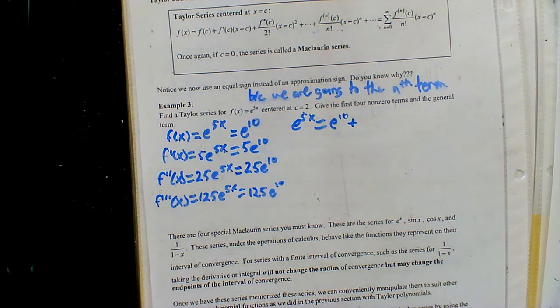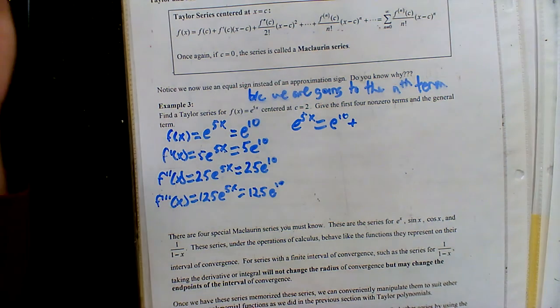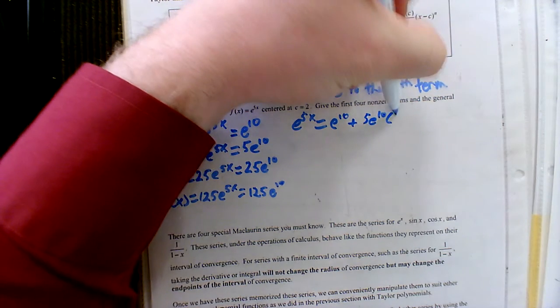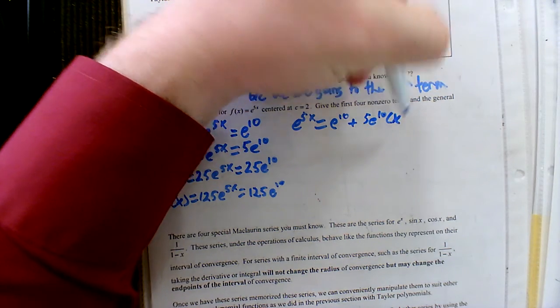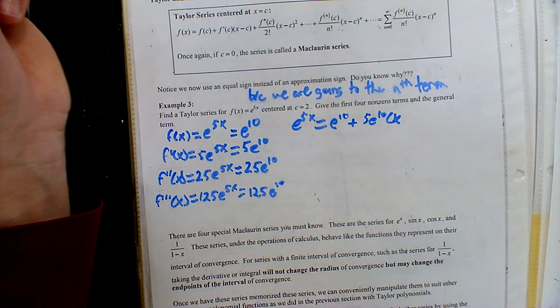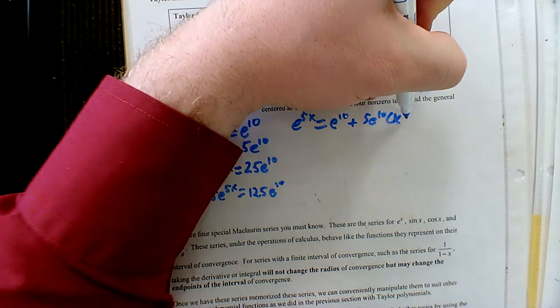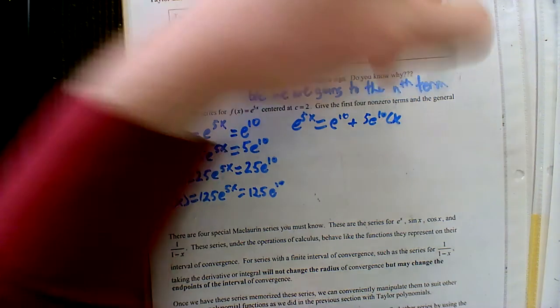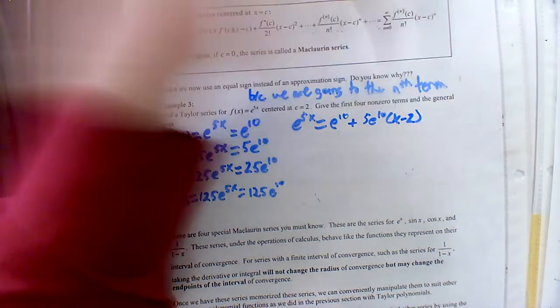What are these values that we found? What are they representative of? Yeah, the coefficients within them. So we have e to the 10th plus 5e to the 10th times x. And what's with the x? Try to think back to your polynomials. Yeah, the center, so it should be x minus what? 0 or 2. Yeah, in this case it's 2.